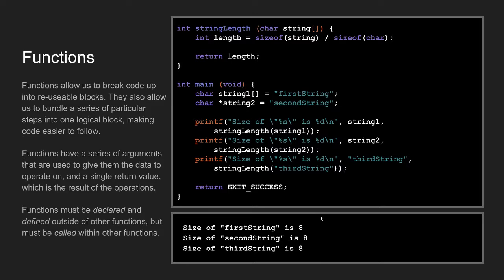So even though string 1 was an array of characters, and string length, the function, had an array of characters as its first argument, these all returned 8, which was the length of the pointer, not the length of the arrays, quite clearly.